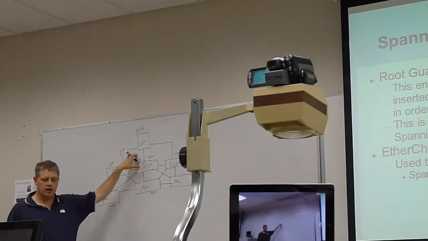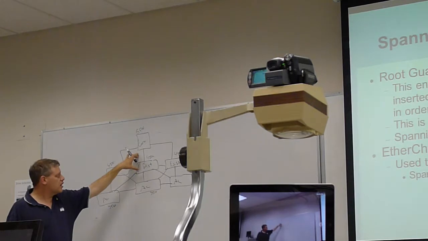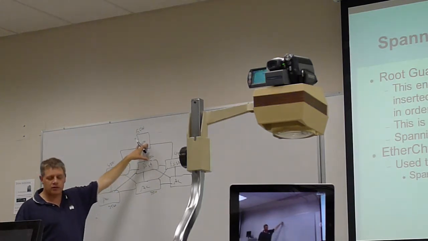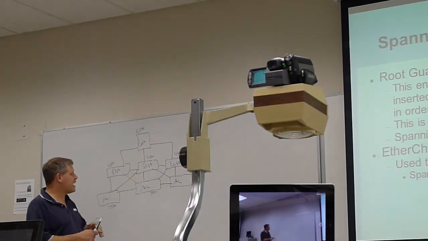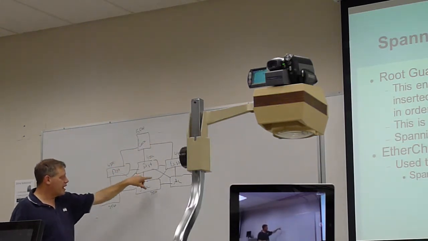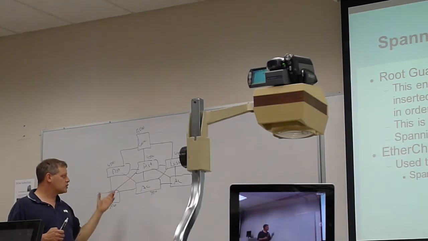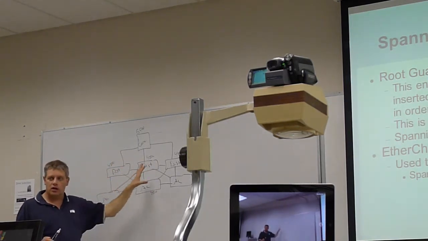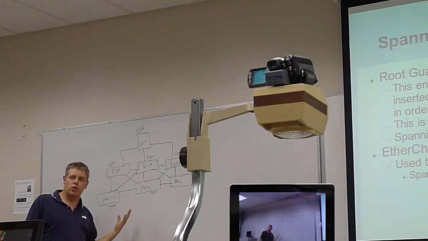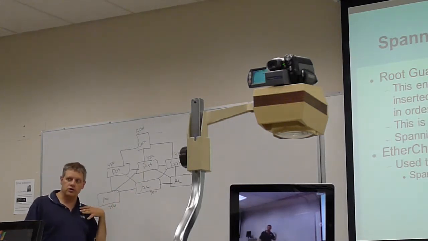What root guard does is it will elect the root bridge, or it will allow you to set the root bridge, and then that root bridge, if you have multiple paths through the network, it will tell spanning tree, block this port, allow this port, use this port.